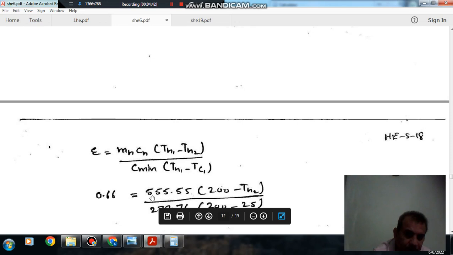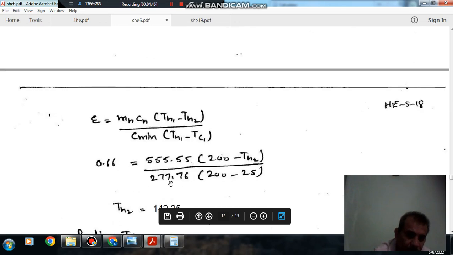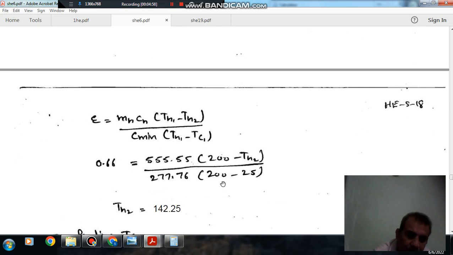So MHCH is 555.55 and C minimum is 277.76. TH1 is 200 and TH2 is unknown, which we have to find out. That is the actual heat transfer, and the maximum possible heat transfer takes the highest and lowest temperature with C minimum.